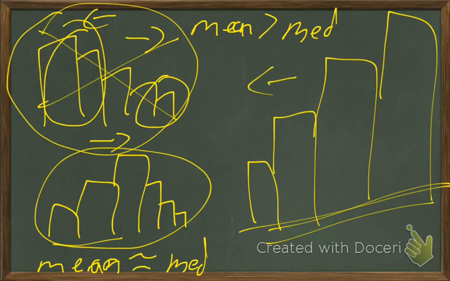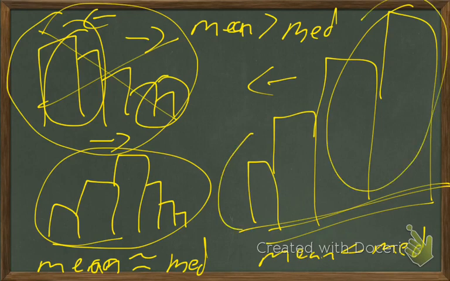It's lighter on the left, so skewed to the left, and the mean is going to be less than the median. Most of our information is here, but a few things out here pull the mean that way.